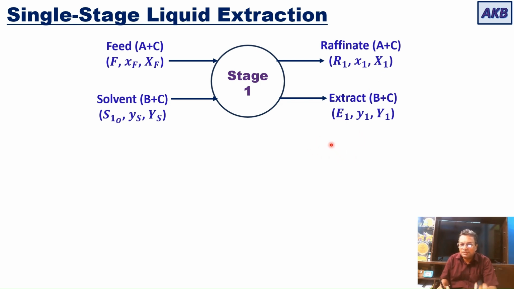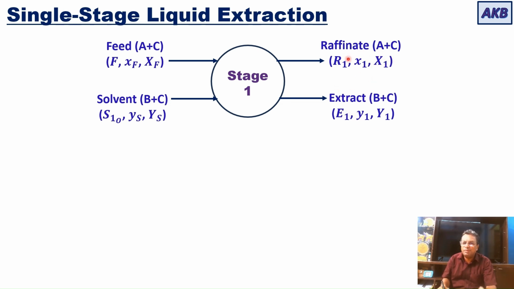Now, the thing to be remembered in this case is, since A and B are insoluble in each other, all of the A will remain in the raffinate phase, and all of the B will remain in the extract phase. No B will go to the raffinate phase, and no A will go to the extract phase.